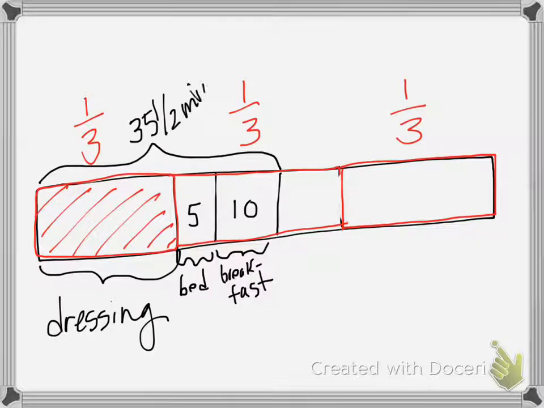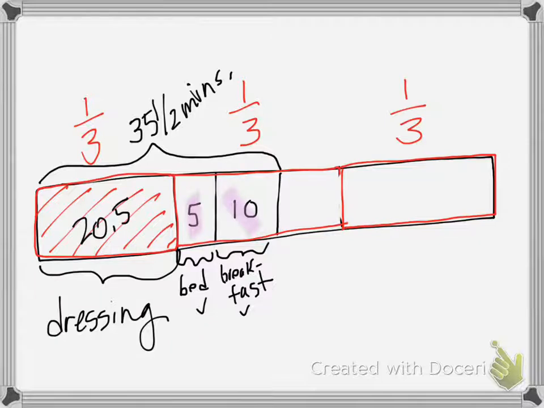If the bed and the breakfast together equal 15 of this 35.5, that means dressing has to be 20.5 minutes, because the bed and breakfast are less than the dressing.